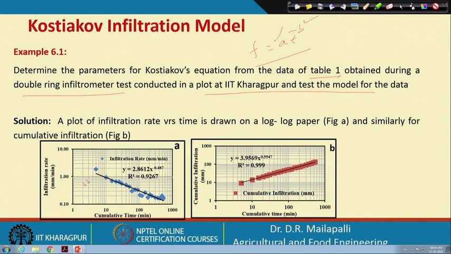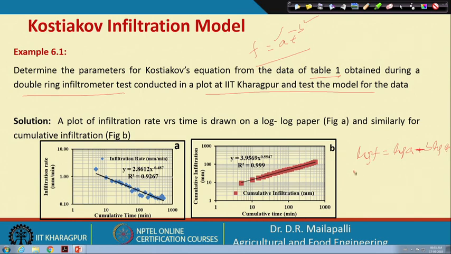The first thing you have to do is convert that equation into logarithmic form: log f is equal to log a minus b times log t.